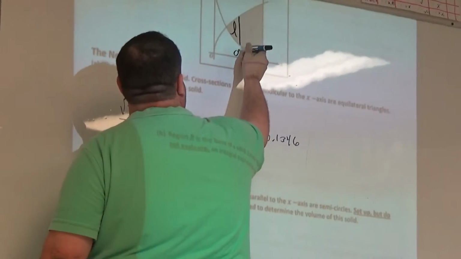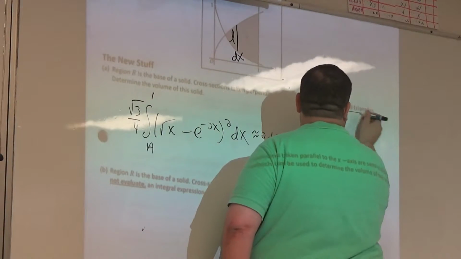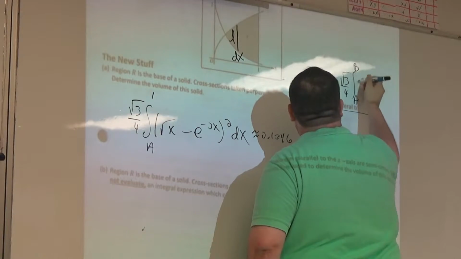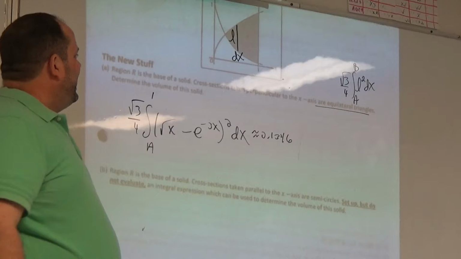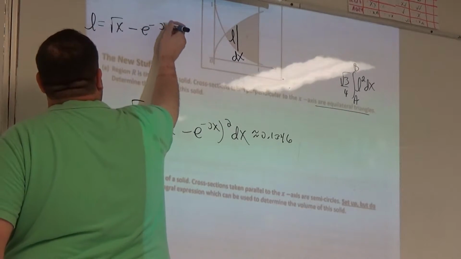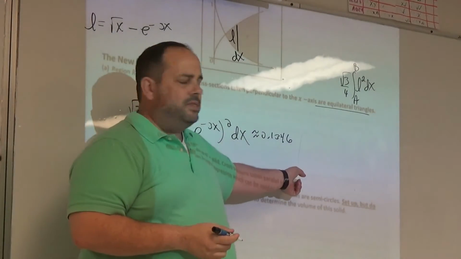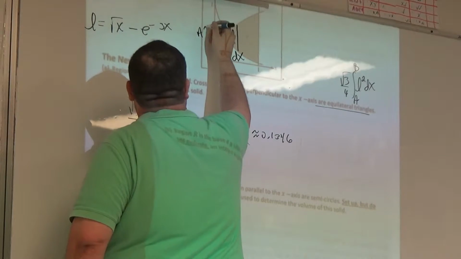There's my L, the width is dx. If I've got equilateral triangles, then it has to be square root of 3 over 4 times L squared dx. How long is L? L is top minus bottom, and all the pieces come together, and you tell me it's 0.1346, and you better tell me what your A value is.